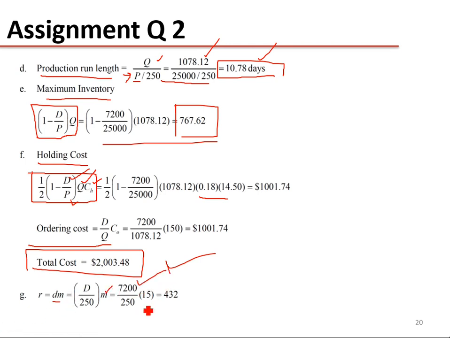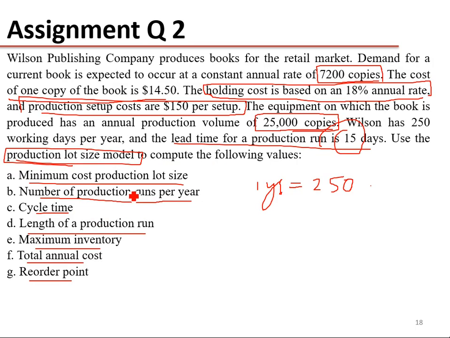This is your demand, 7,200, here the days are 250, and lead time is 15 days. So from here you can get the R value, that is 432, that is the reorder point. That means after this many units in the inventory, you place the order. This is how we get the values for all the things we have calculated.